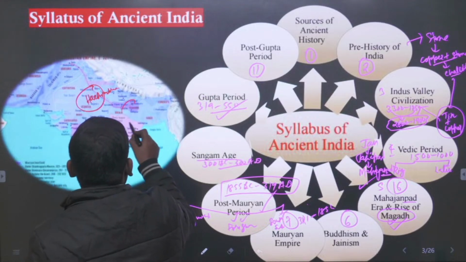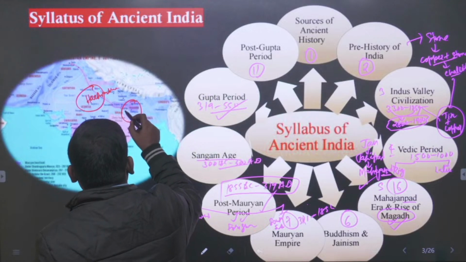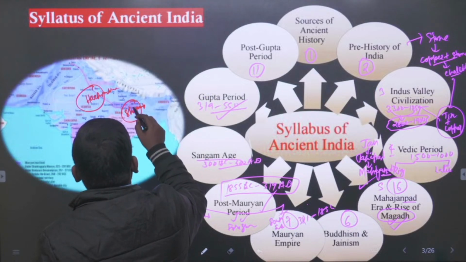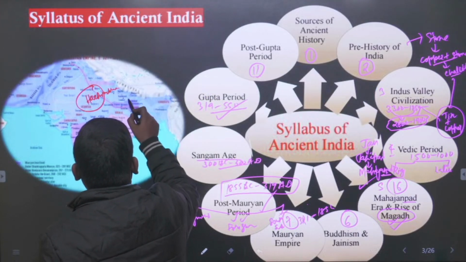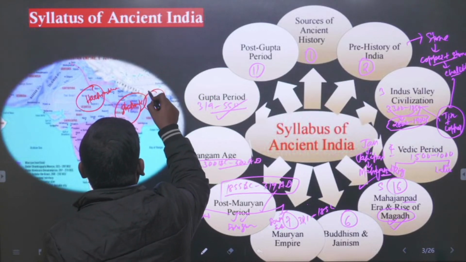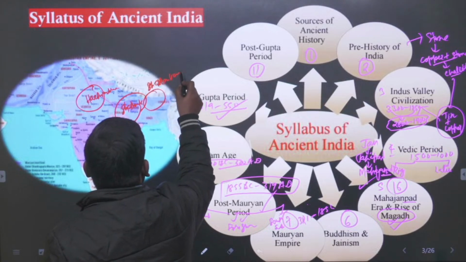Then in the Bengal we have Sasank. Sorry, in the Bengal we have Sasank. Then in Assam we have Bhaskar Burman.